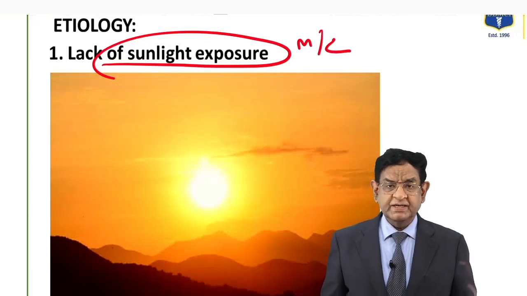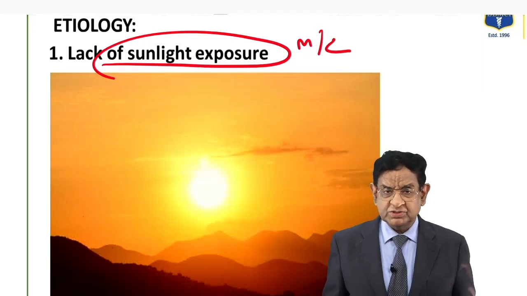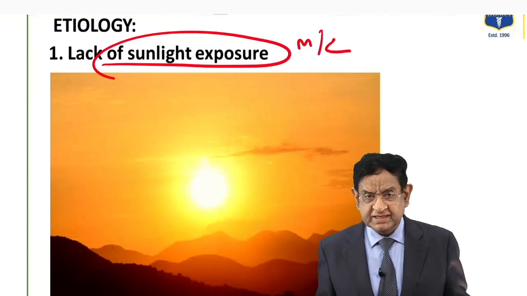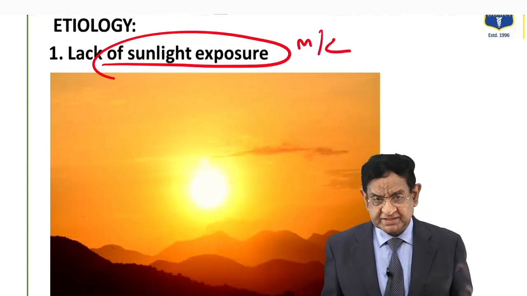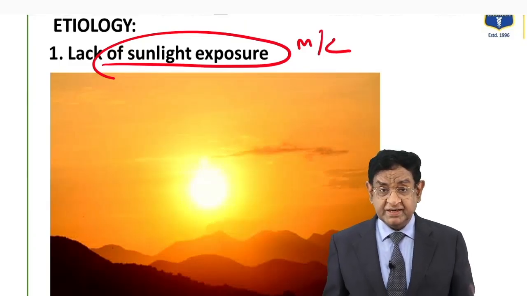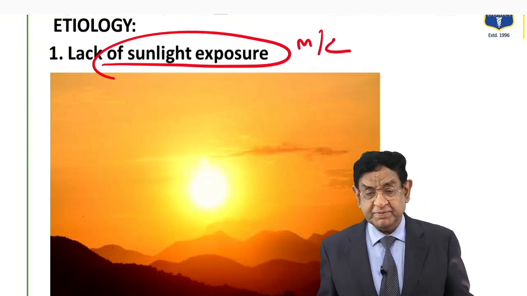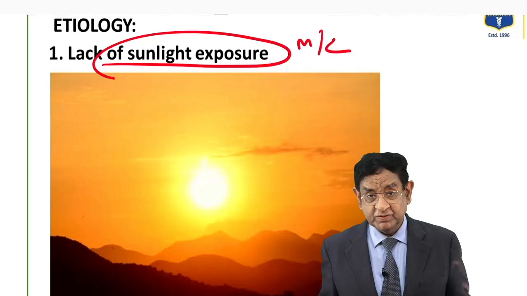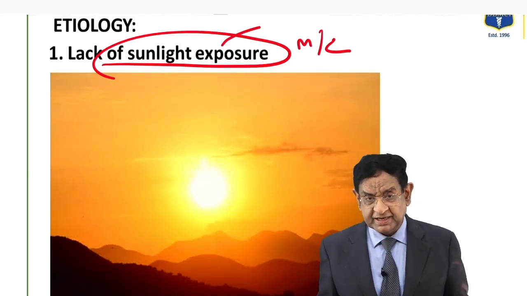You leave home with the AC, you enter an AC car, then you come to the office or classroom, AC, air conditioning. We hardly have any sun exposure, and that's why even in affluent families in countries like India and the subcontinent, 80 to 90% of people are vitamin D deficient, due to less exposure to sunlight.